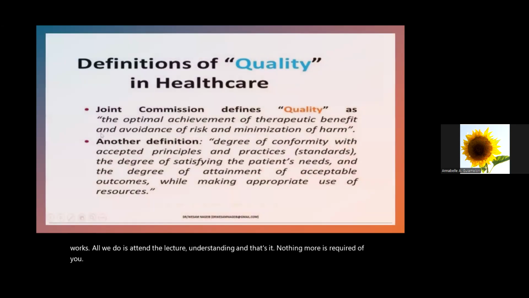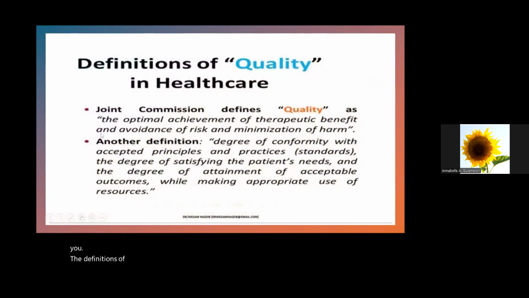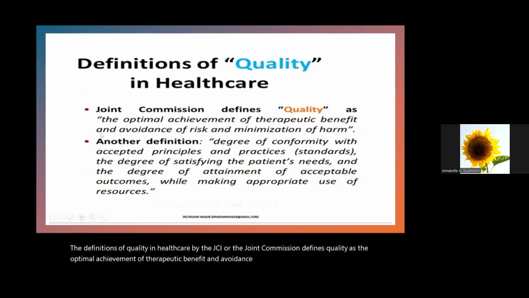The definitions of quality in healthcare: the JCI, or the Joint Commission, defines quality as the optimal achievement of therapeutic benefit, avoidance of risk, and minimization of harm. The optimal realization of medical benefit while at the same time avoiding any harm that could affect the patient.